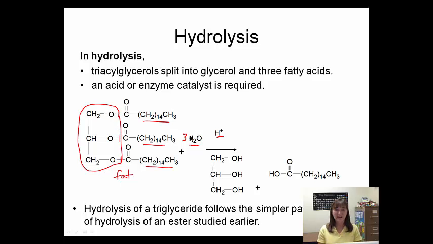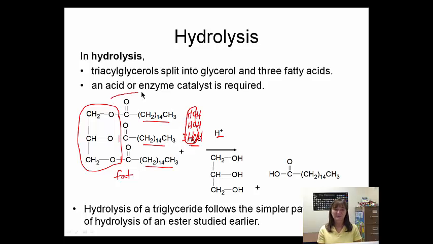And then the first thing I would do with my water molecules is I would write them as HOH. So I've got 3 water molecules. I'm just going to write over this guy. And remember, we break between the O and the H. It doesn't matter which one you break.